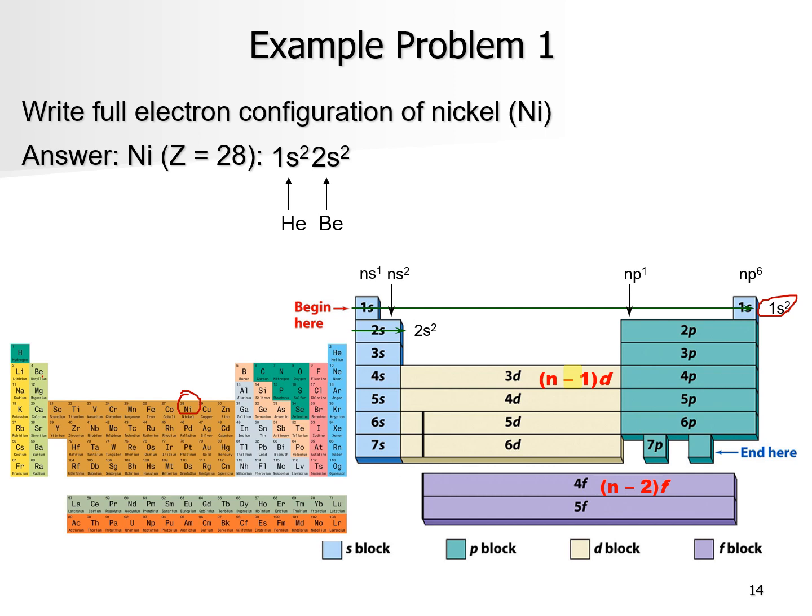As we hit the end of a 2p block, that would be 2p6. That is what neon is. And again, remember, nickel's right over here. And we keep going down.